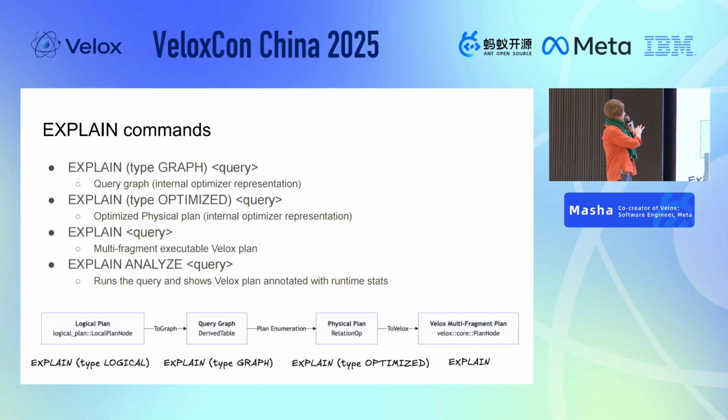So in the optimizer today, we decided to not build the optimizer as rule-based, but rather build it graph-based. And essentially, the optimizer is composed of 3 stages. We take the logical plan and convert it into a query graph, which is created of derived tables.